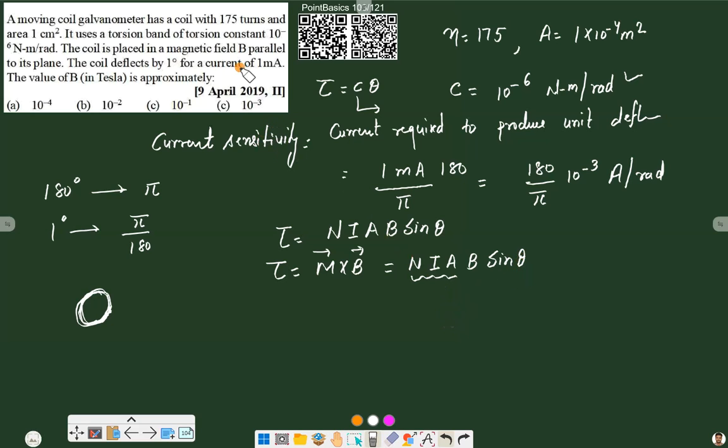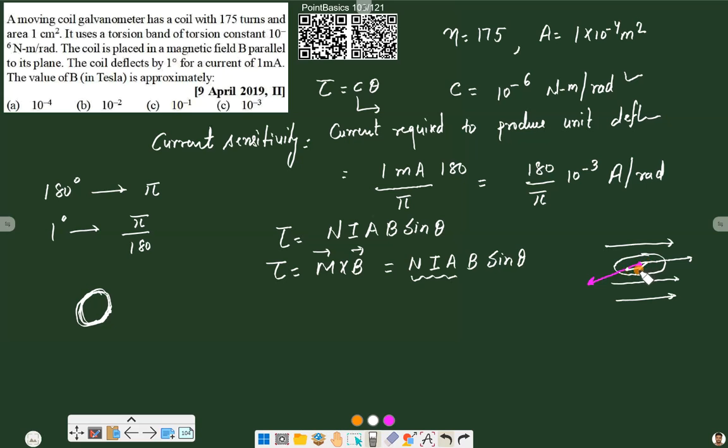Now regarding theta, the coil is placed parallel to the magnetic field. So if this is the direction of the magnetic field, then the coil is also in this plane. So the magnetic dipole moment vector, which is perpendicular to the area or the plane of the coil, will make a 90-degree angle with the direction of the magnetic field.